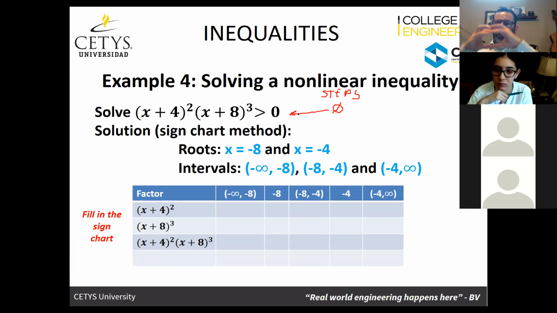Why are we interested in the factor? Because we're interested in the value that makes that factor 0. Is it clear that x equals -4 is going to make x plus 4 equal 0, regardless of whether it's elevated to the 2, 3, 4, 5, 6, 7, or 2000? It doesn't matter what power it's elevated to, as long as it is a factor.